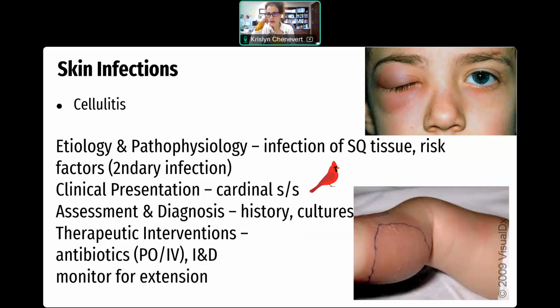So Dr. Wood will talk again a little bit later in the semester about periorbital cellulitis, but I want to mention it here as well. The child in the top picture does have periorbital cellulitis, so that's cellulitis around the periorbital area. And we are particularly worried about this condition because of two different things.